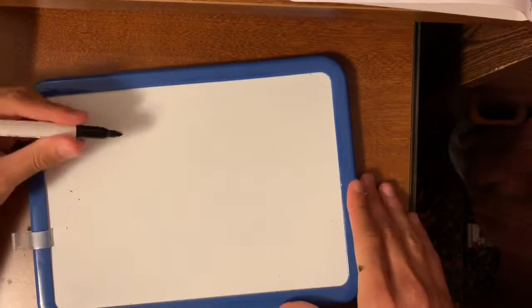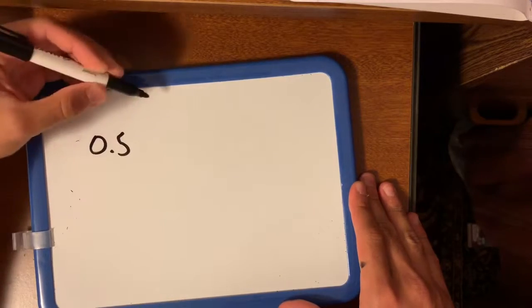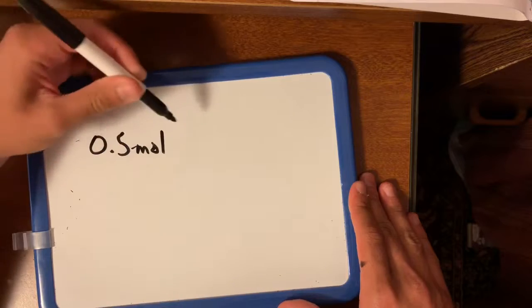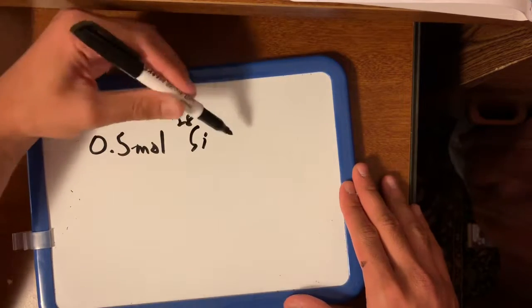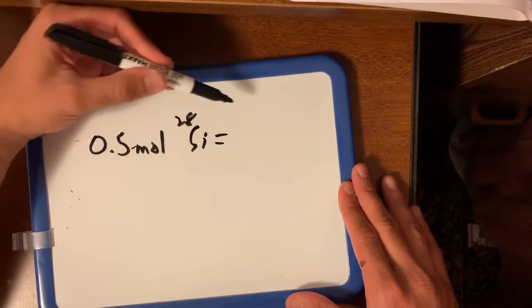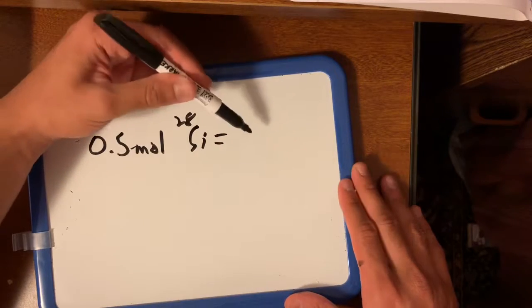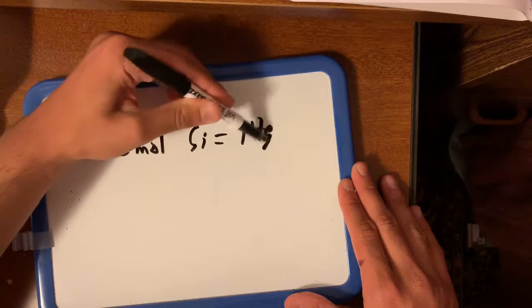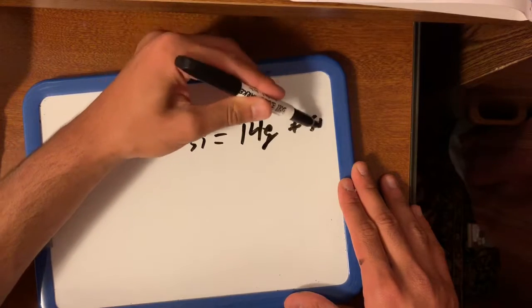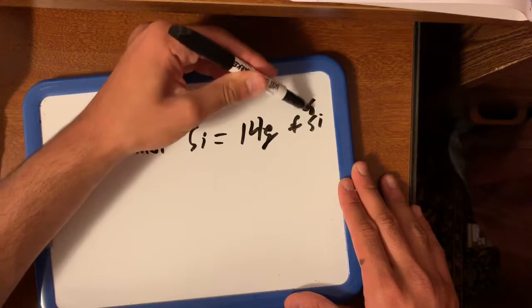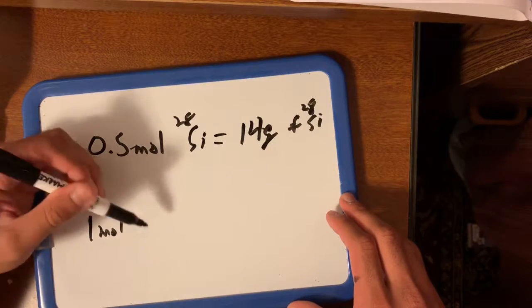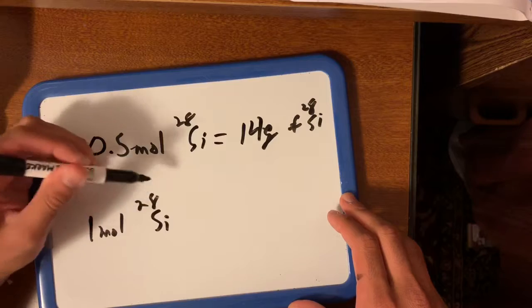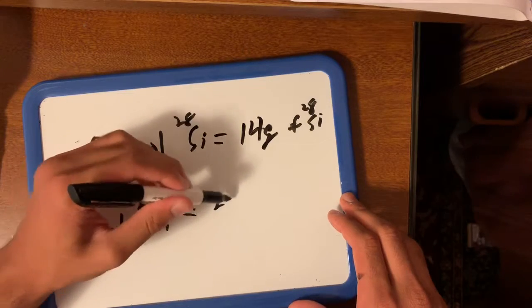You can go the other way as well. If you had, let's say, 0.5 or half a mole of silicon 28, you would have 14 grams of silicon 28, because 1 mole of silicon 28 is equal to 28 grams.